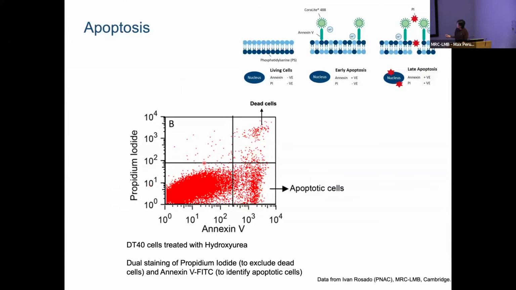In this plot, you can already see a single positive annexin V population, indicating apoptotic cells. When the cells are at a later stage of apoptosis, the cell membrane is compromised, so the PI can enter the cell and stain the DNA. So here it shows the dead cells, which are double positive for PI and annexin V.